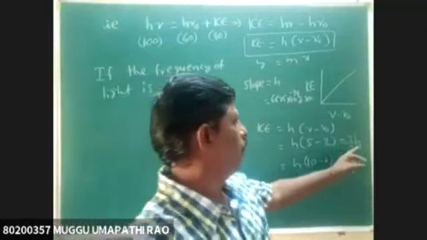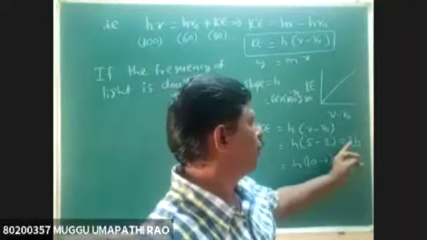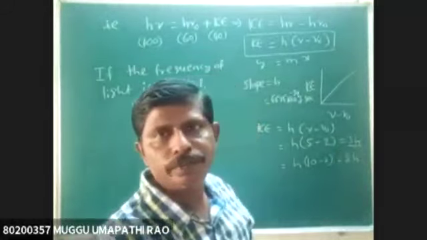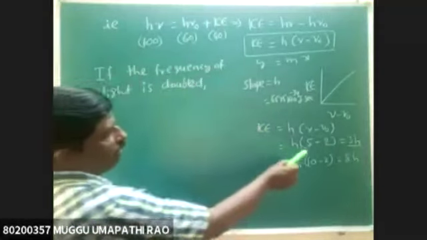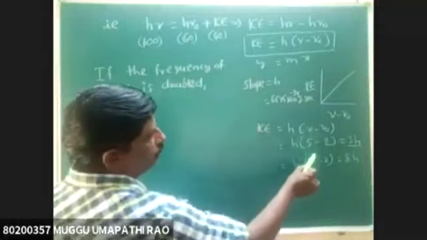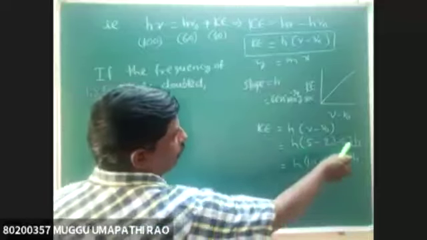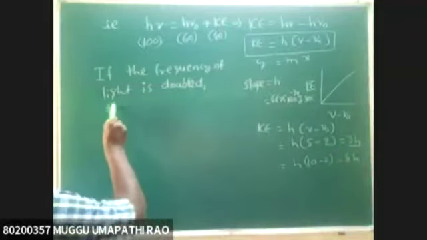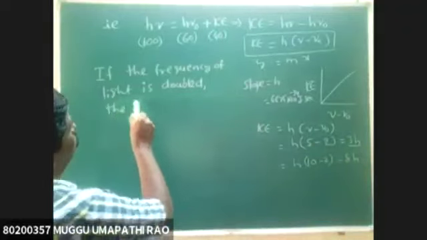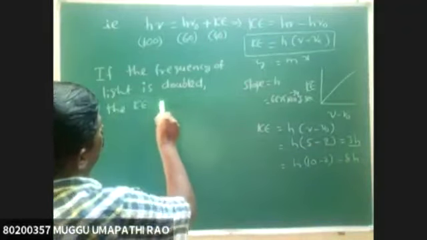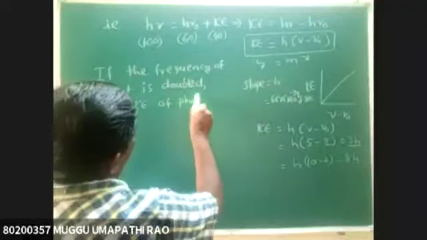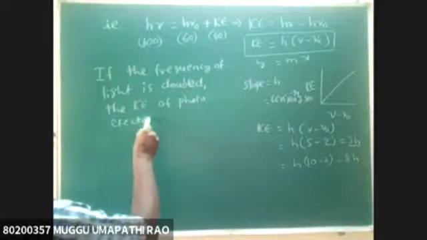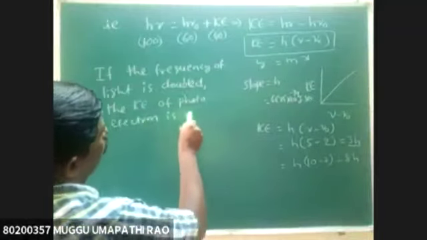Kinetic energy here is 3h, here 8h. If you take double, it is 6h. The value is more than double. So if the frequency of light is doubled, 5 becomes 10, then the kinetic energy of the photoelectron is more than double.